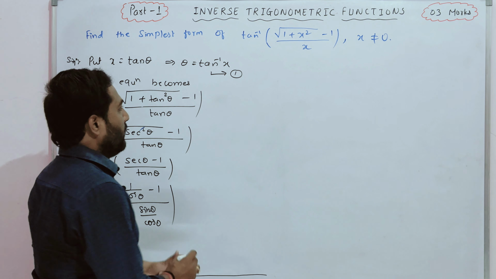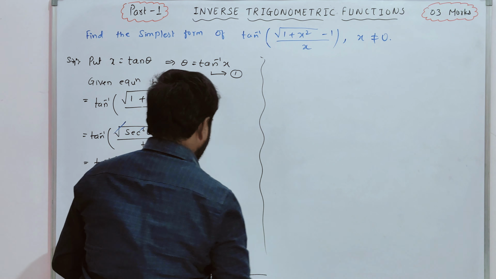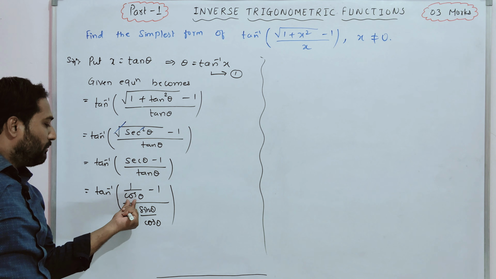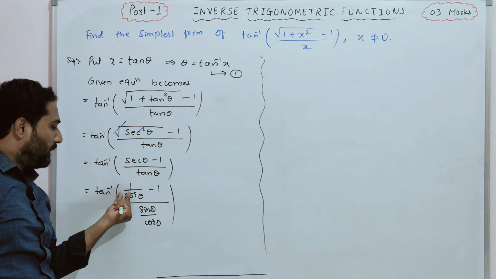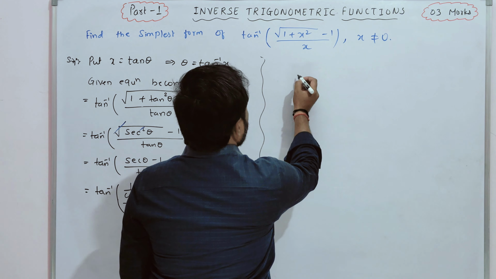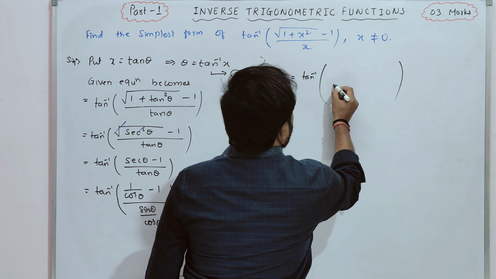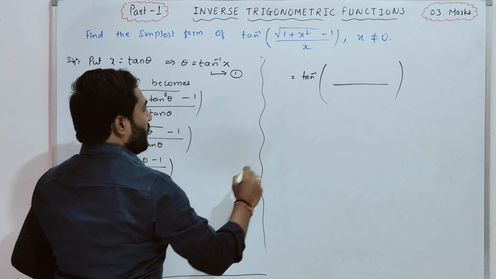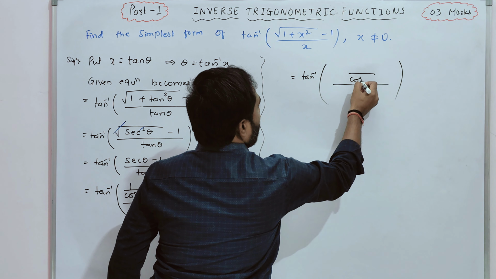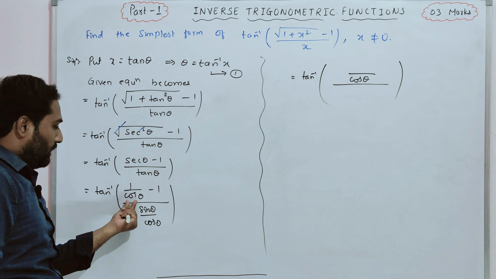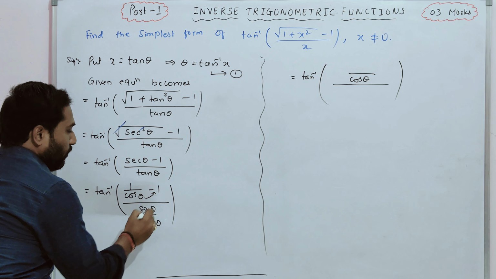Now further, let us take LCM in the numerator as cos theta, because we have 2 terms. So this is tan inverse of, this is our main divide. In the numerator, we have cos theta as LCM. Now this cos theta will be multiplied to 1.